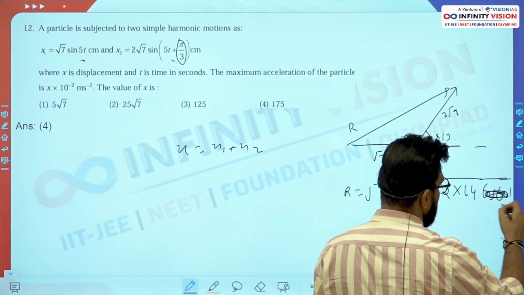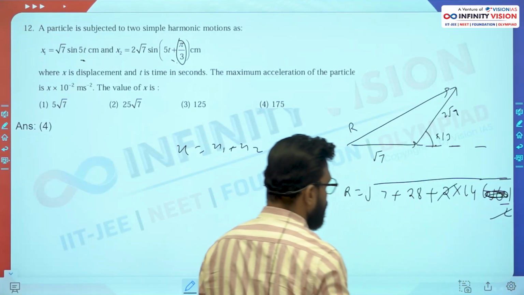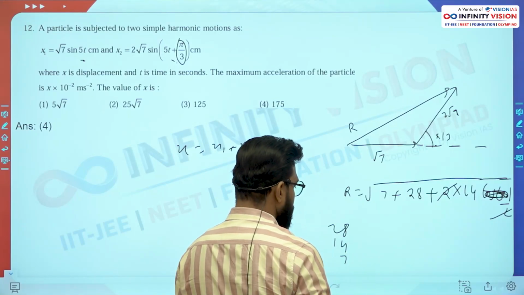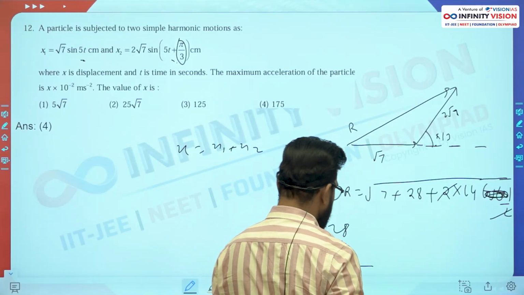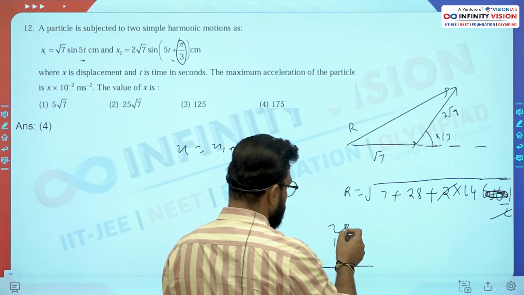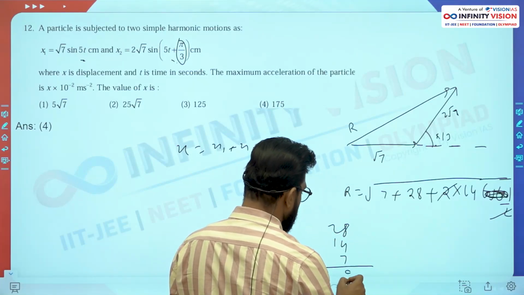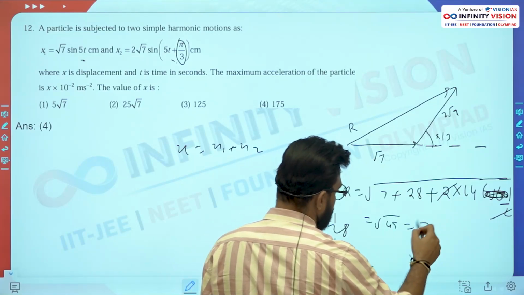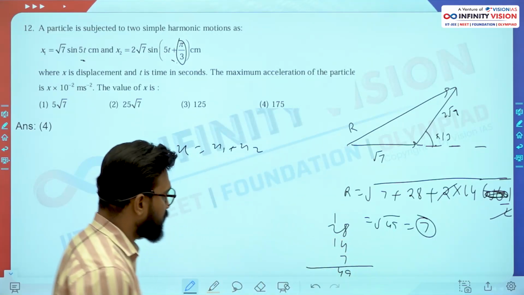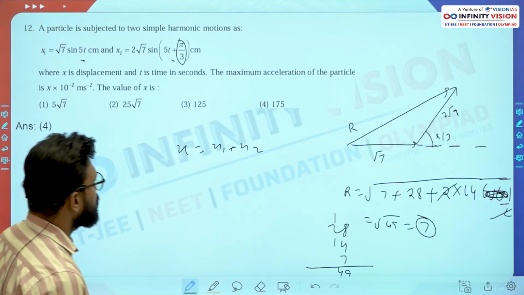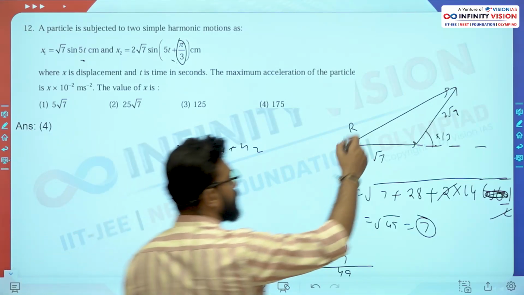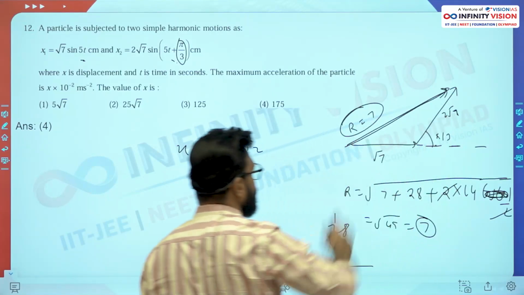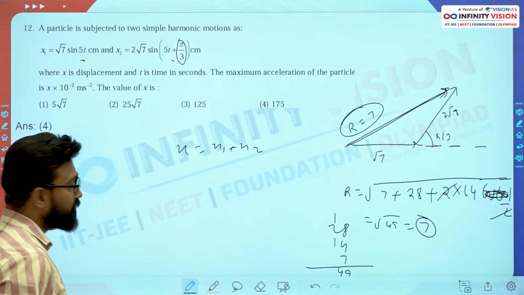It is nothing but half. So 2 will cancel out. Eventually you'll get 28 plus 14 plus 7, which is 49, so the resultant amplitude comes out to be 7.